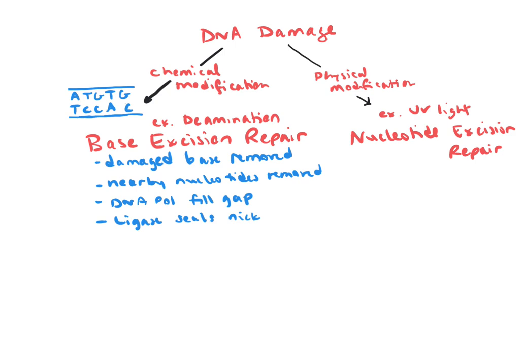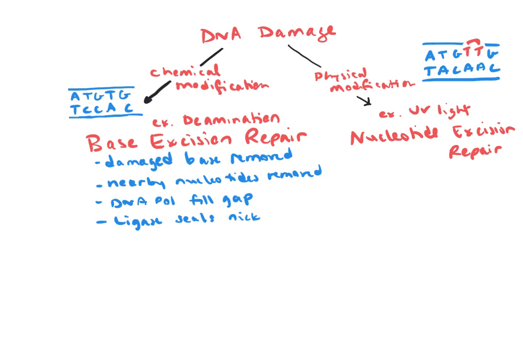Now, the original sequence that I had would not necessarily be damaged by UV, so I have to do a different sequence here to have two thymines next to each other. So what happens is UV light can cause these two thymines to form a dimer. And so there's this covalent bond here, and that causes a distortion in the helix. And so these two thymines will be linked like that.